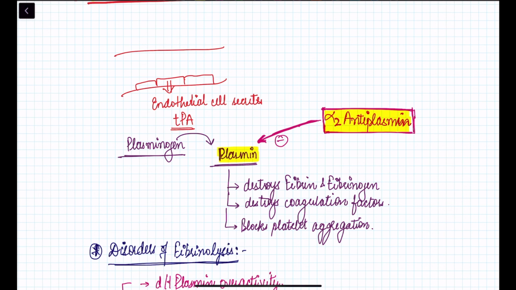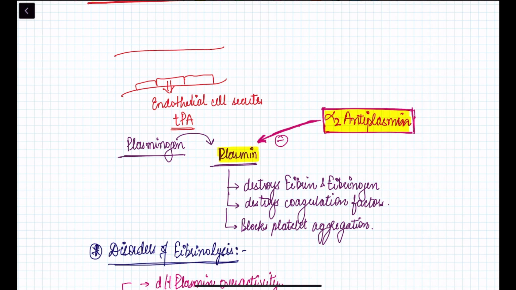It destroys coagulation factors and blocks platelet aggregation. Therefore, if the fibrin platelet plug already exists, it will break off the fibrin and dissociate the platelet aggregates, and the clot will now melt away, not actually melt because it's just an analogy.